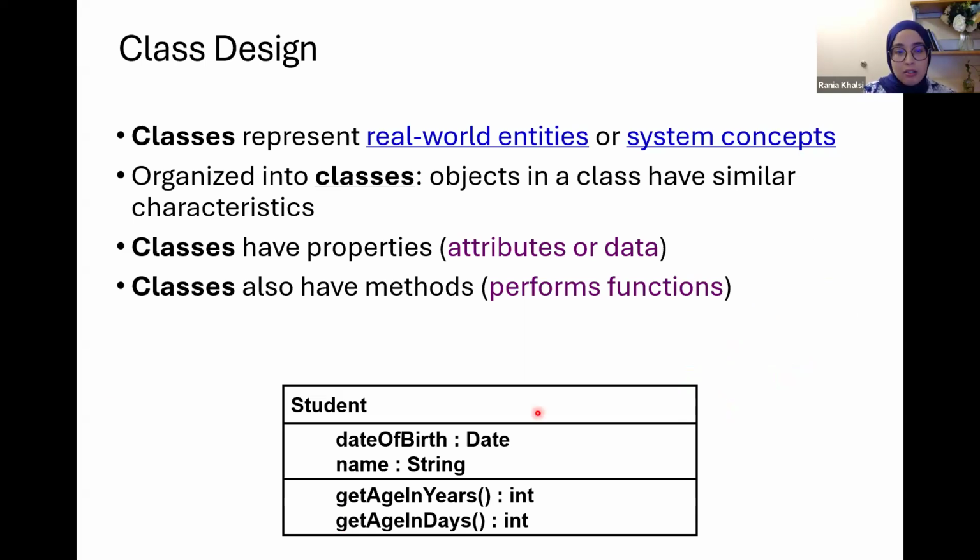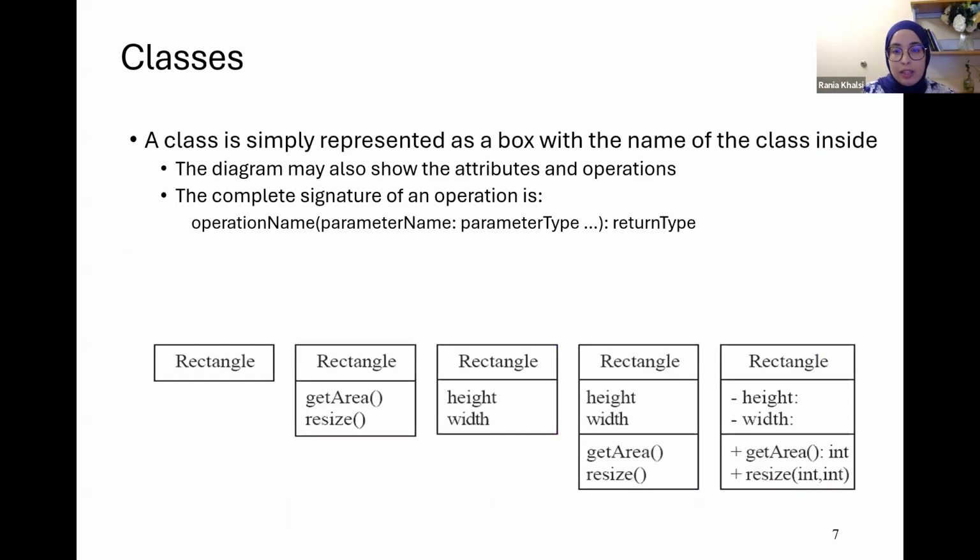Now let's move on to understand more about how you can see a class represented. The very simple way is to represent a class by a box, and I really don't like this.